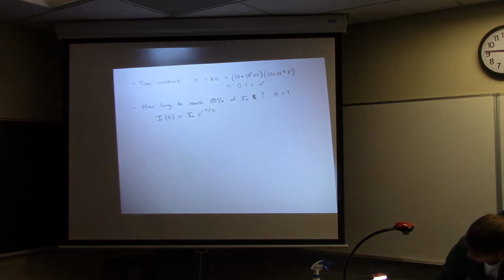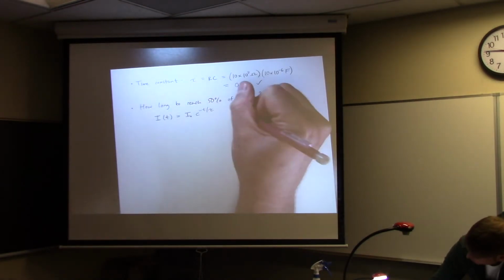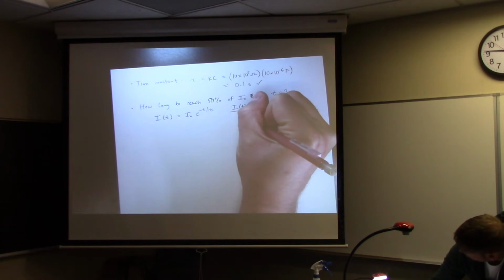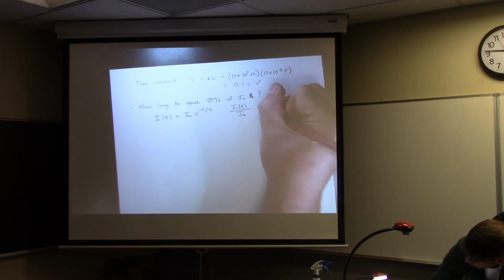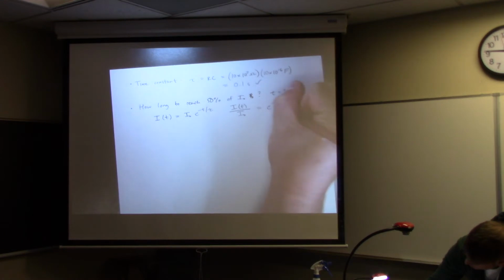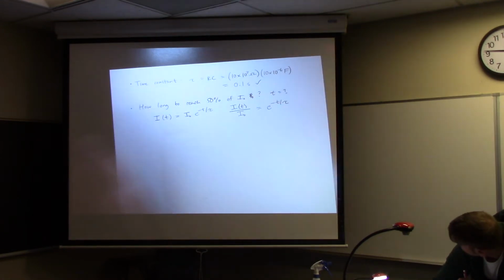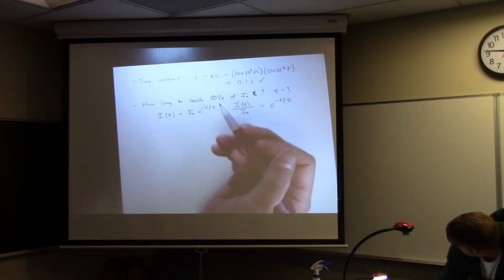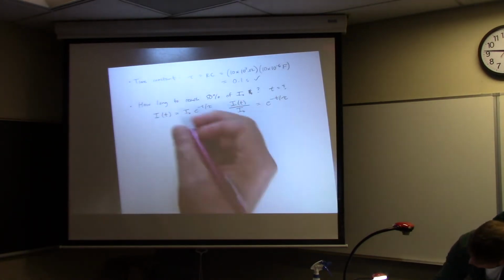The first thing we'll do is divide out the I naught. So I as a function of time, divided by I naught, is equal to e to the minus t divided by tau. If I'm looking to solve for t, what I should do next is take the natural log of both sides.